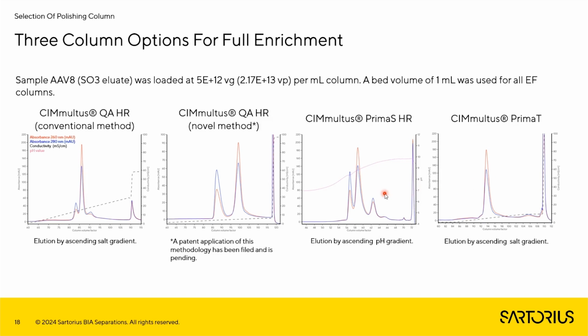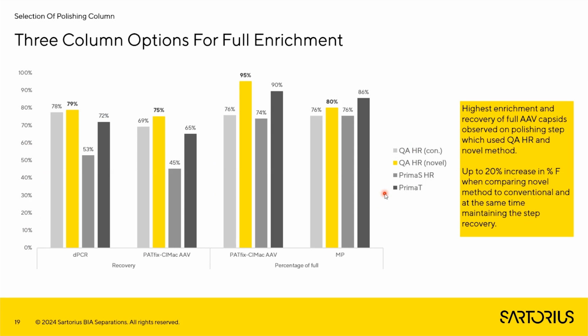So the main conclusions come down to the analytics, and this is shown on this second slide. We assessed all of the main eluates, which were the main peak that eluted from the 3 mentioned columns and the 2 approaches for QA. We assessed them for recovery and for percentage full.